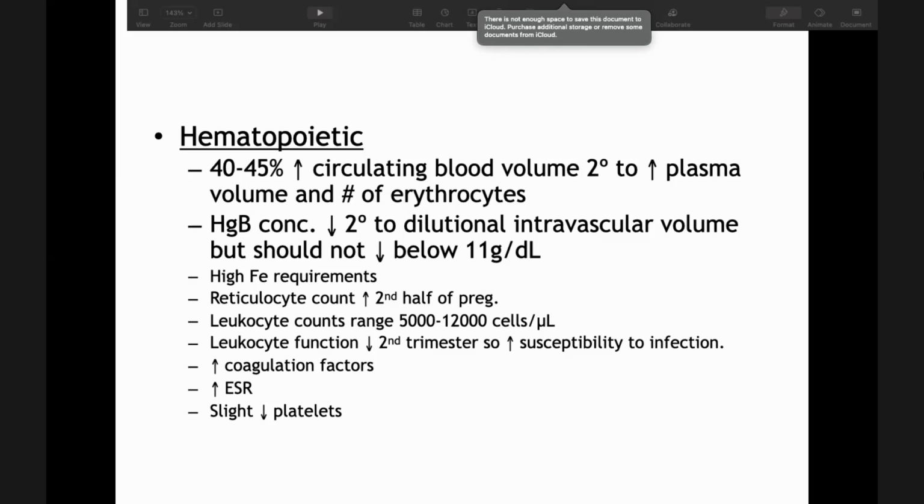When you have this knowledge, when you interpret biochemical or hematological levels, or when you think about hematological changes, for example, coagulation factors increase. So, pregnancy is becoming a procoagulant state. They are prone to get blood clots in the body. So whenever a pregnant woman with other risk factors gets admitted to the ward, you should consider thromboprophylaxis.